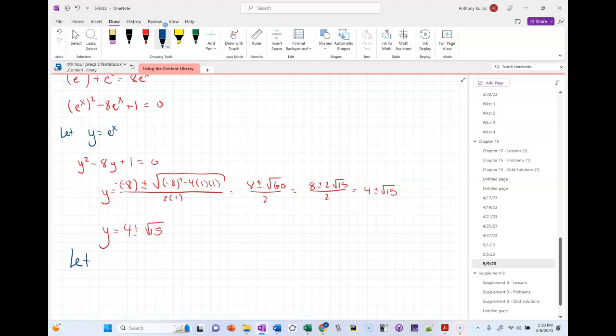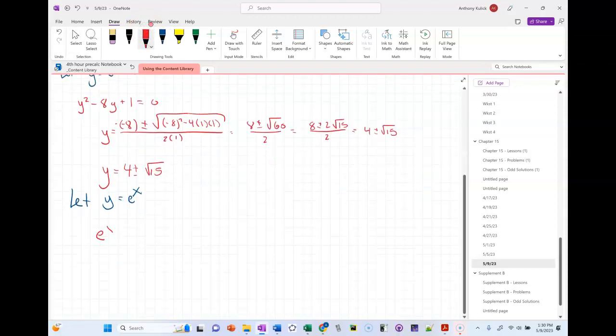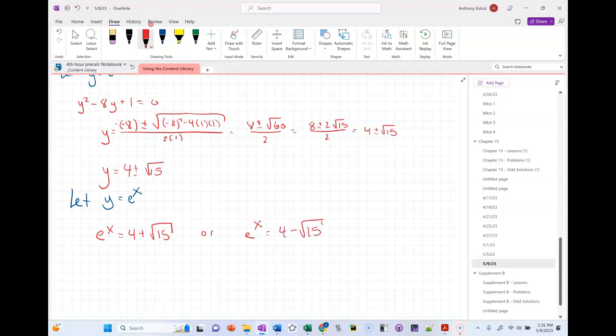So now that we got the y by itself, we're going to put that e to the x back in. So we have that, and I'm going to write the plus or minus as 2 separate equations.